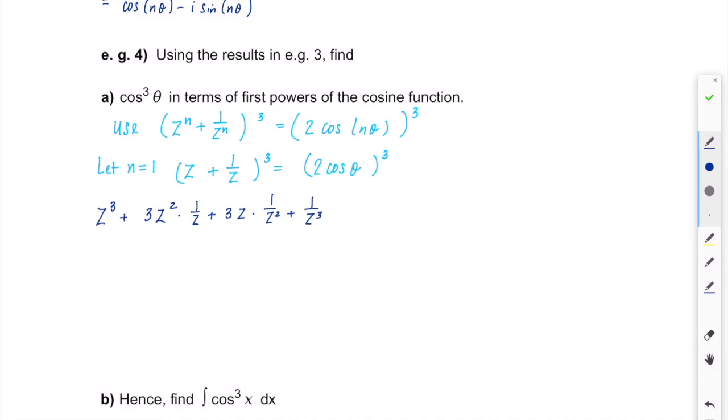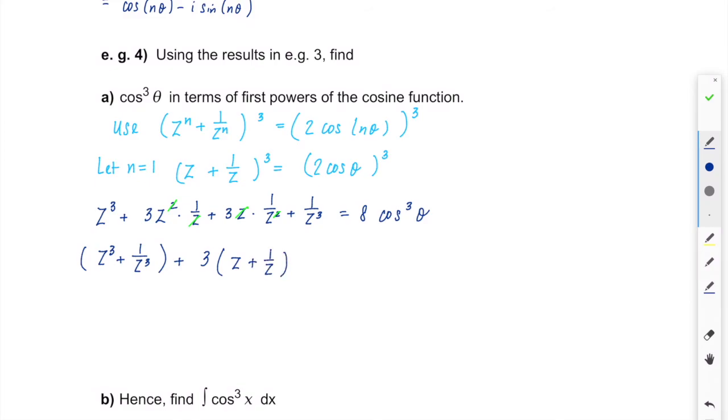In other words, if I expand the left side of this expression using the binomial theorem, this is 8 cos cubed theta, and then do some grouping right here. If I simplify these powers of z, so this is really z cubed, 3z, this is 3 over z, and then regroup these terms, the first term with the last term, and then the middle two terms, and factor out 3, I have z plus 1 over z.